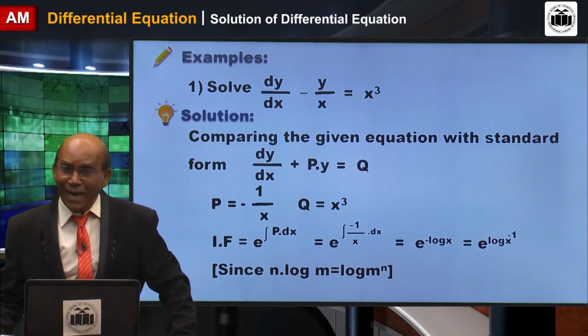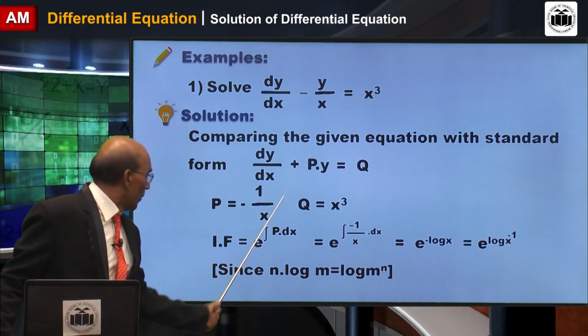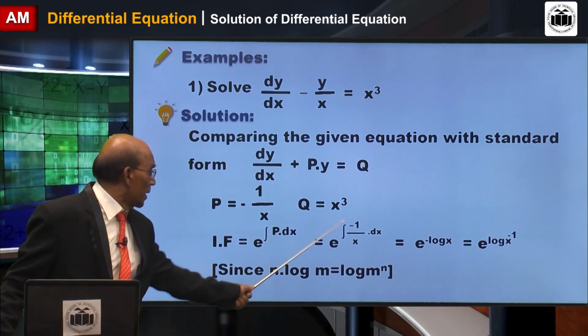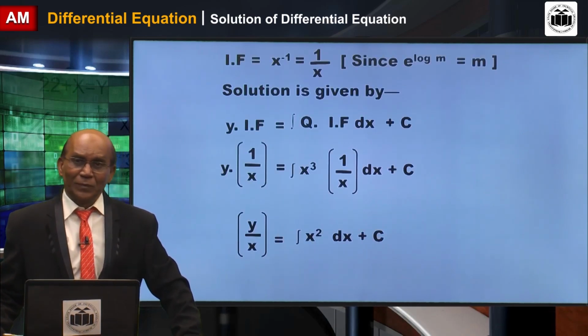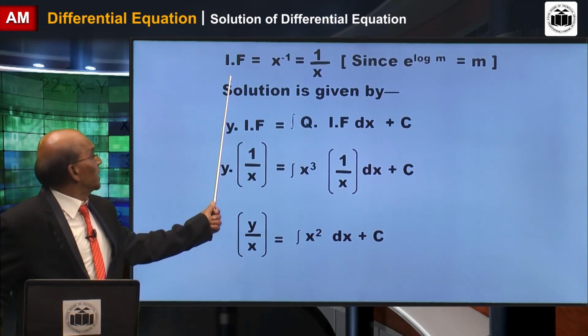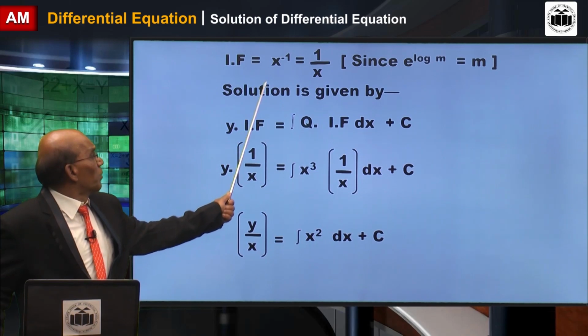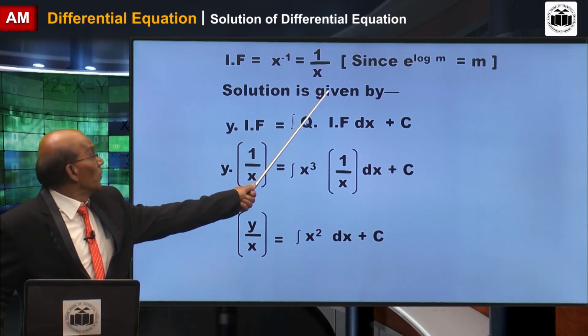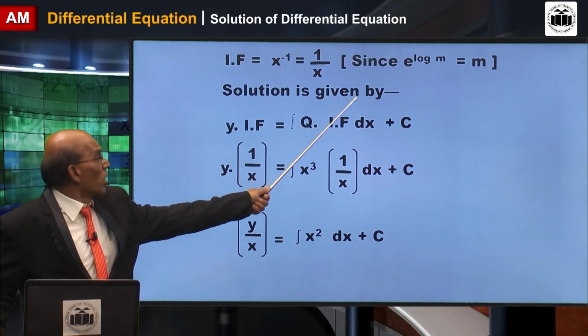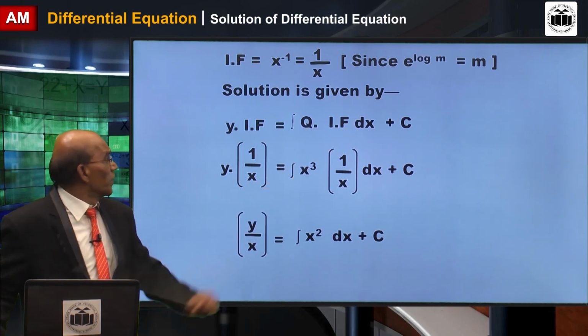Now we put the value of p here, minus 1 by x dx. Then the integrating factor is x raised to minus 1, equals 1 by x, since e raised to log m equals m.